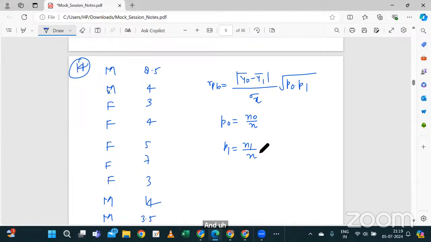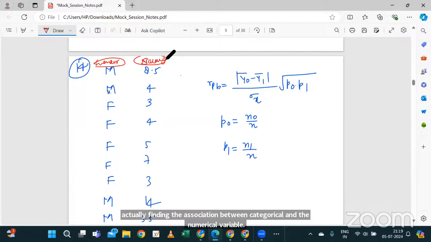Those who have seen the week 4 lecture video will remember this. Using the point biserial correlation coefficient, we are finding the association between a categorical variable and a numerical variable, where the categorical variable has only two categories.